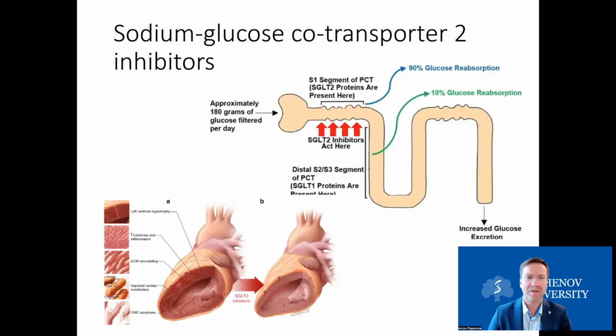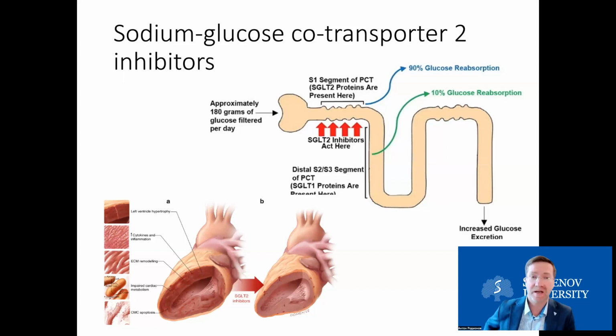And last but not least, sodium glucose cotransporter type 2 inhibitors are a novel group of drugs which were introduced to heart failure treatment only several years ago. First of all, I need to say that these drugs, SGLT2 inhibitors, as we pronounce them, were created for diabetes treatment because they influence proximal channels and glucose reabsorption.